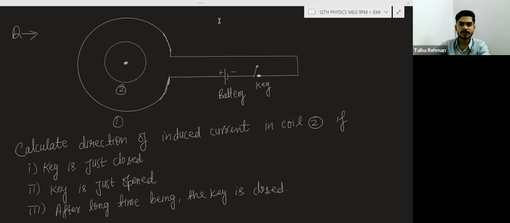There are two circular coils connected with some battery.